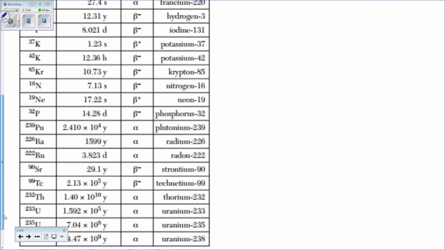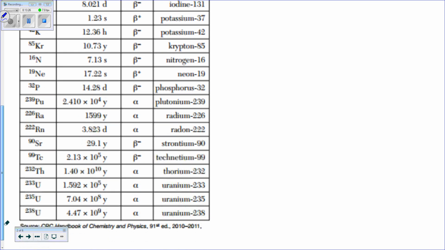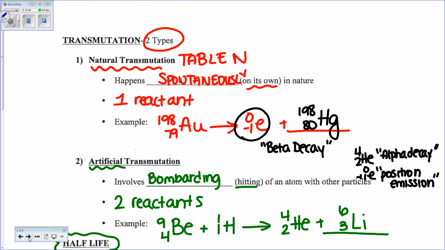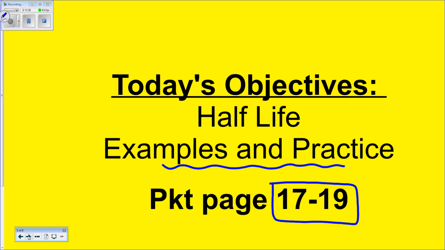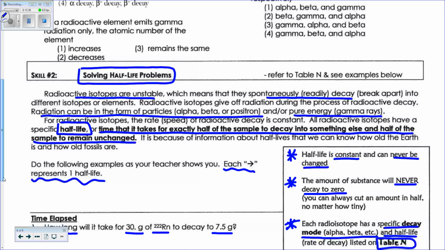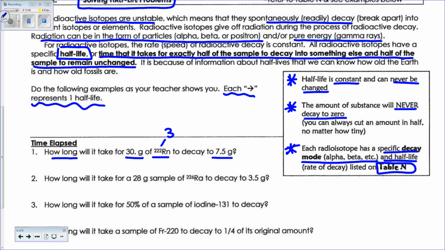Here's Rn-222. It takes 3.823 days. It decays by alpha. So it takes 3.823 days to go through one half-life.